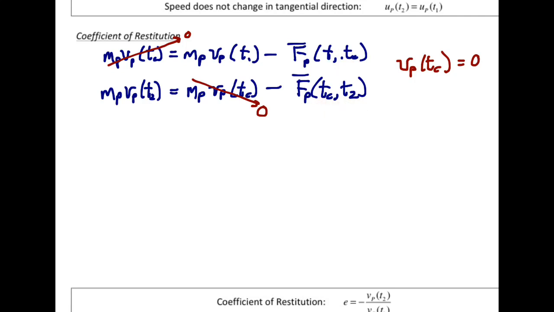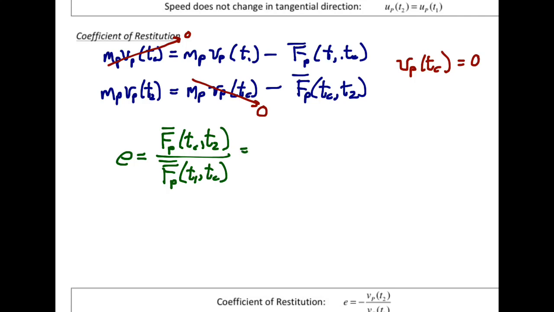So we use our definition that we've already developed of our coefficient of restitution, which is the ratio of those impulses, and this is modeling the energy loss in the system, where we have the impulse from time c to t2, divided by the impulse of t1 to tc.